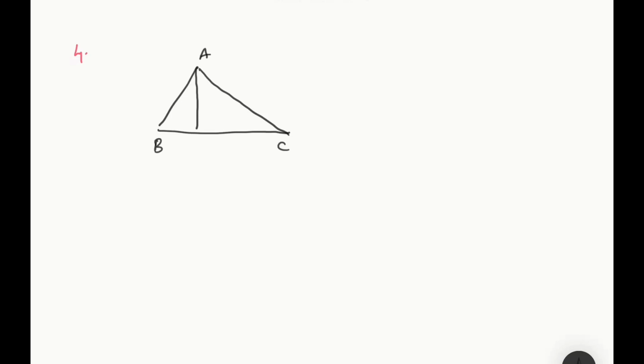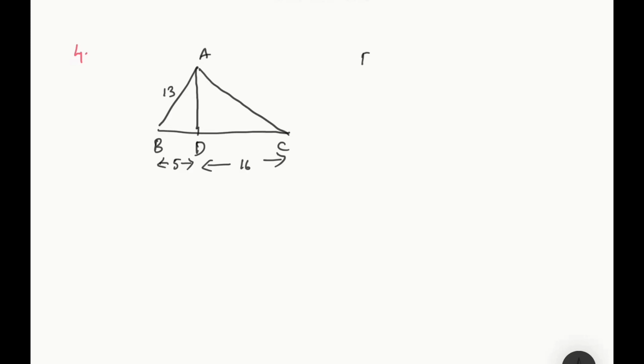A, B, C, D. AB is 13 and BD is given to you as 5. DC is given to you as 16. We can find the unknown values. Let me first find out the unknown values, then we will start with the sub questions.